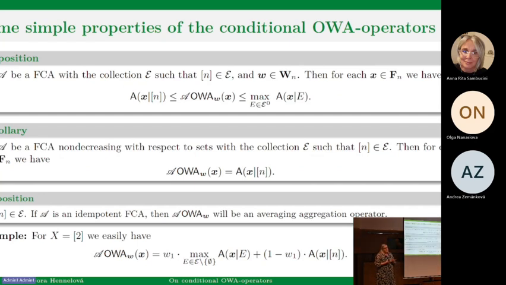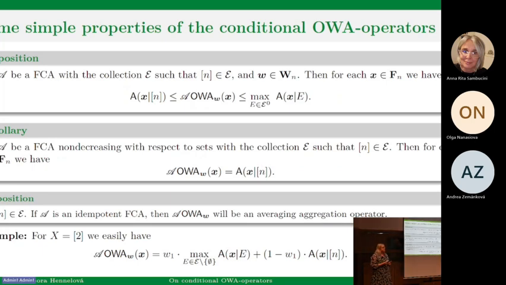When we have a family of conditional aggregation operators which is non-decreasing with respect to sets, then the conditional over operator is only the conditional aggregation operator on basic sets. So non-decreasing families of conditional aggregation operators are uninteresting for us.